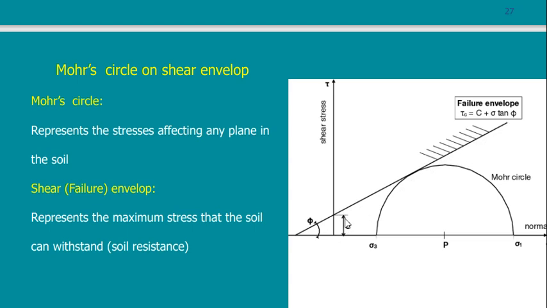So here is C and here is phi. So phi defines this line. C and phi define this line. By the way, when we conduct the shear tests, next time we will be asked to draw this line. We conduct the test to get C and phi, and to draw this line to get C and phi.